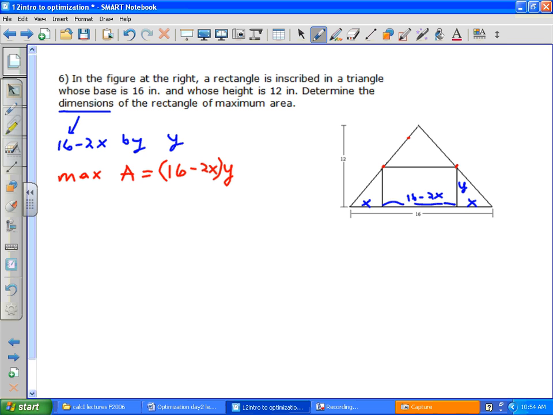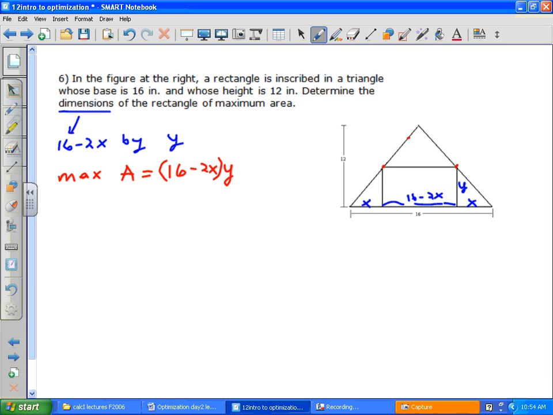We need to write one in terms of the other. What kind of an equation do you think I could use here to write one in terms of the other? It's not the area, but it's the side length. 16 minus 2x is the side length of our rectangle, and y is the other side of our rectangle. It's not the area. But the area is the product of those two dimensions.